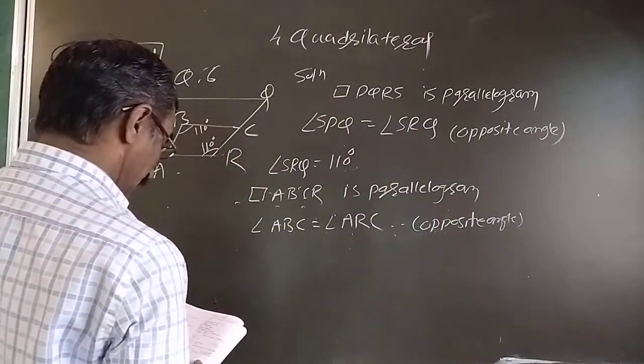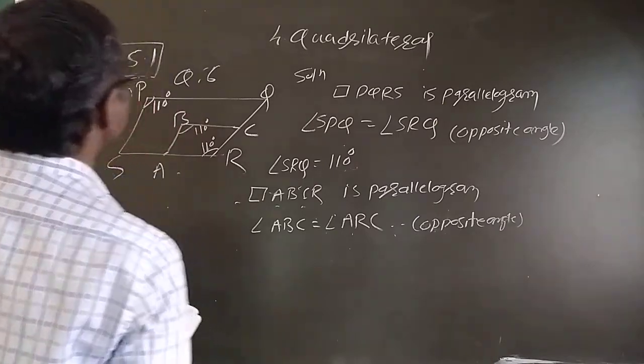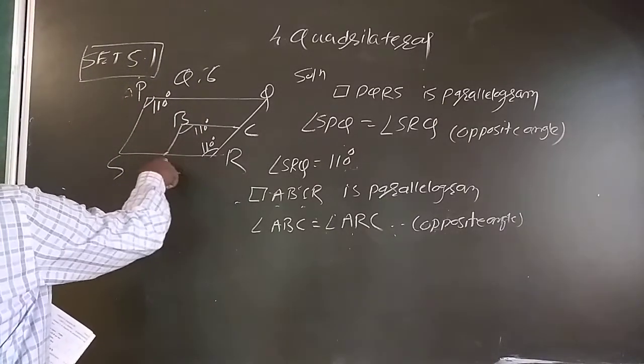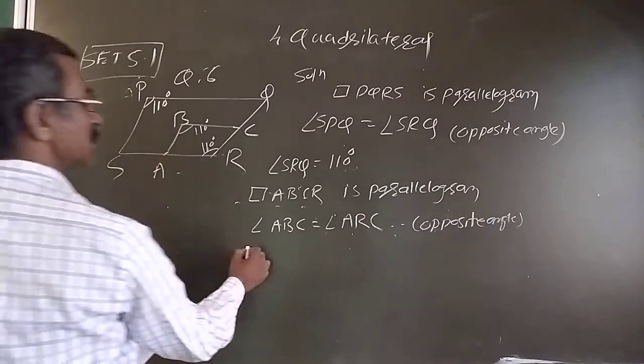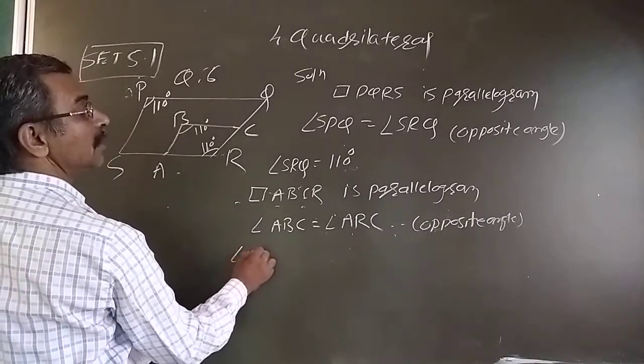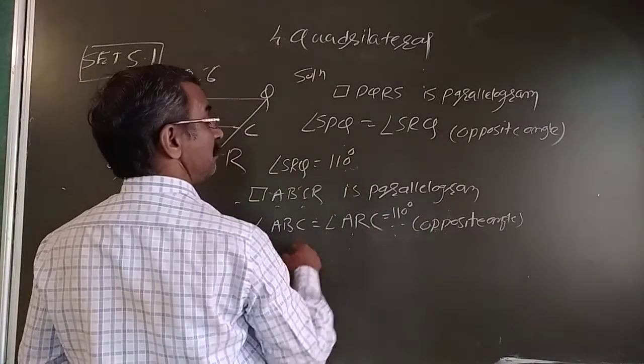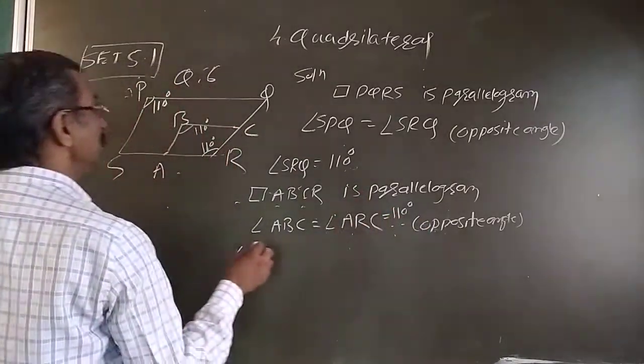Then we take the sum of these two adjacent angles. ARC is equal to what? ABC is equal to what? 110 degrees.